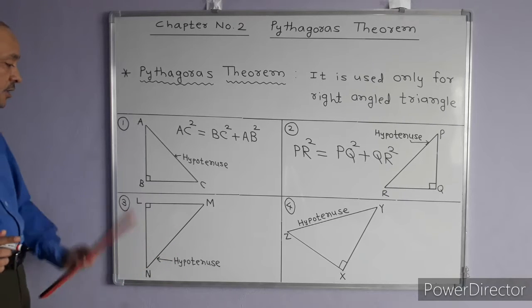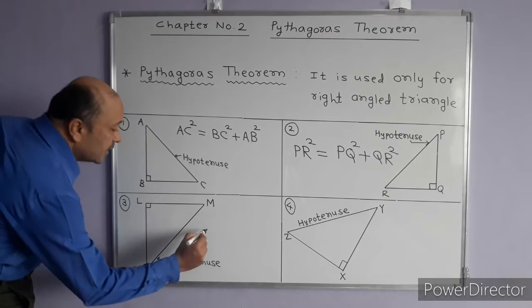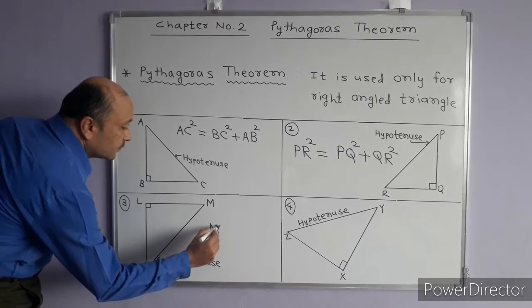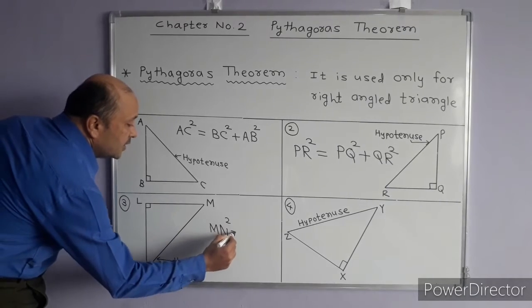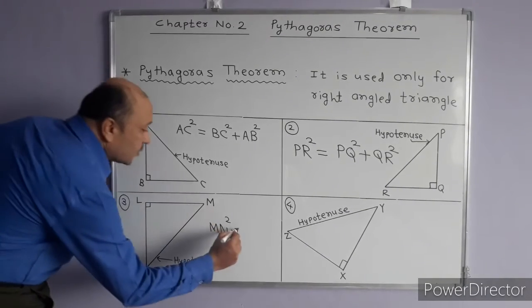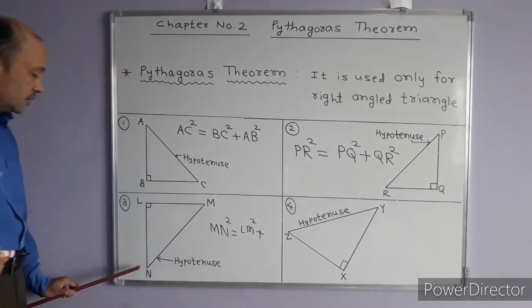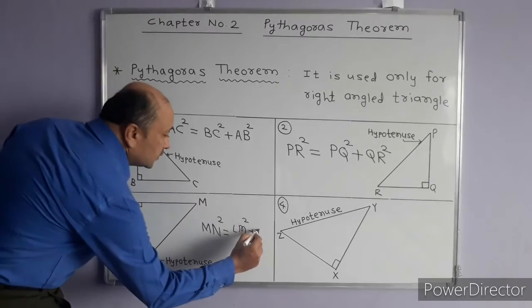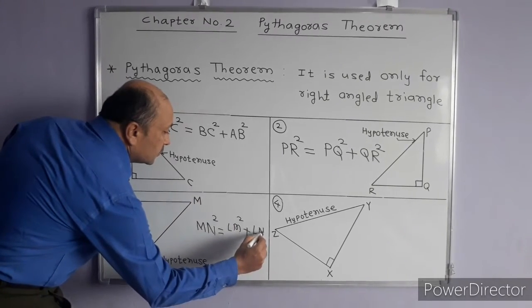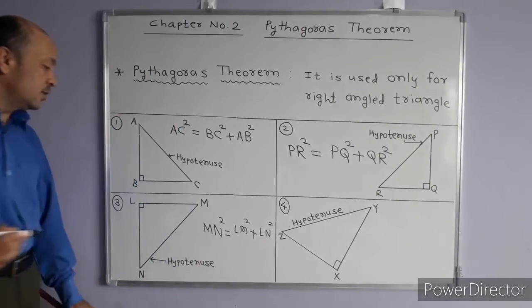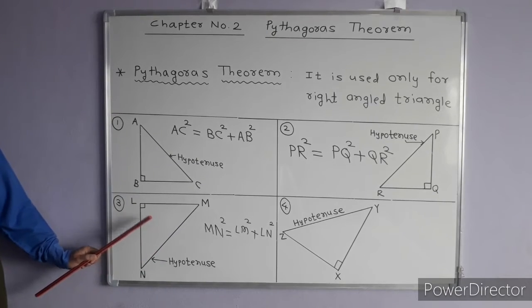So what is the Pythagoras statement for this figure? That is MN square is equal to LM square plus LN square. So this is a statement for Pythagoras for this particular right angle triangle.